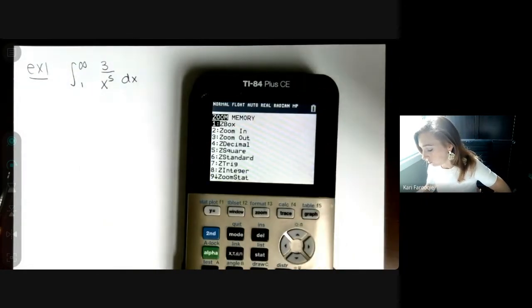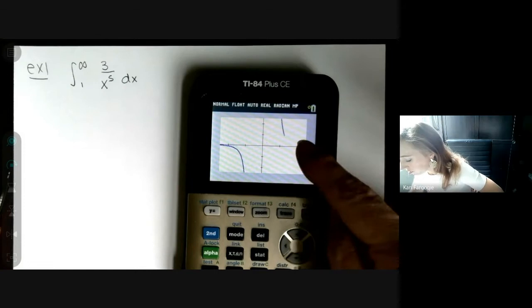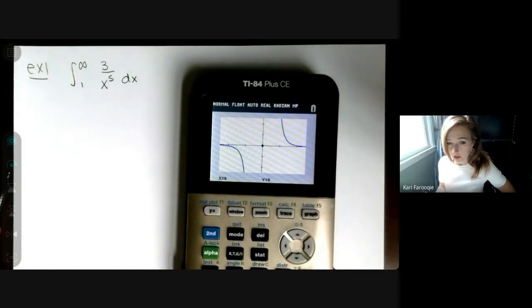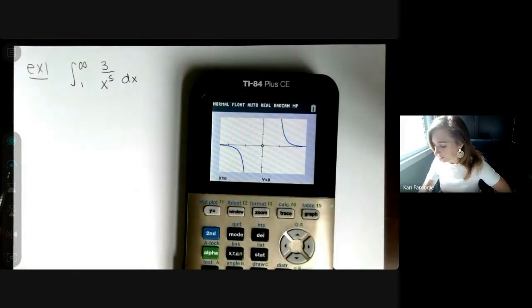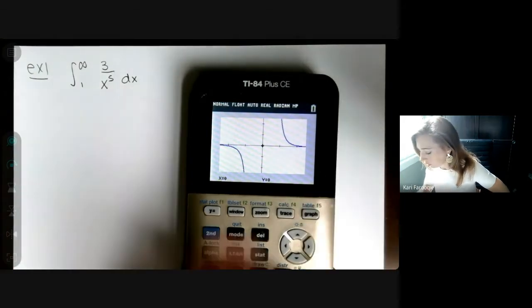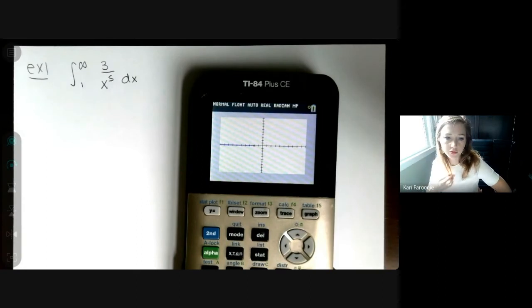Even if you wanted to just zoom in, so we'll hit 2, enter. You can see that there's a little bit more space in here than maybe you would have seen previously. But the idea here is to recognize that as these values of x get increasingly large, you're really not including that much more area under your curve. I want to zoom this back out and then switch your window. So I'm going to go back to zoom standard, zoom 6.